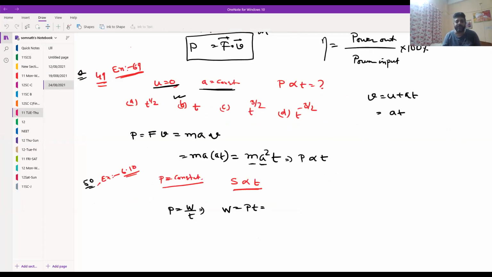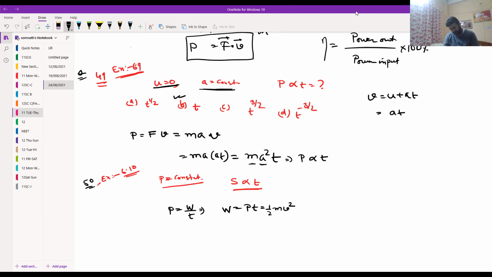What do you mean by work done? Power into time, that is kinetic energy, মানে half mv square. Can we write this? Work done টাই তো kinetic energy না, so can we write this?